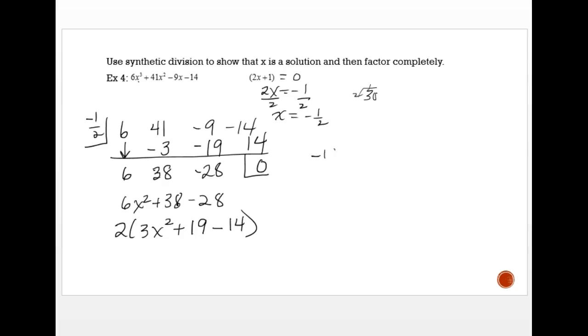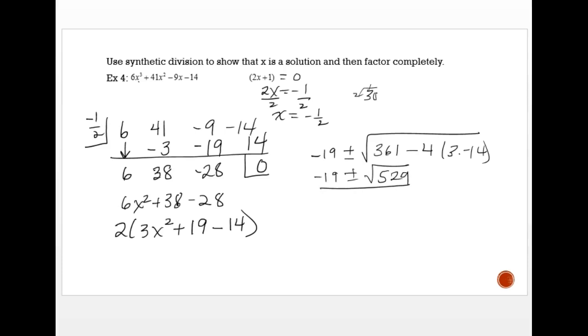I'm going to do negative 19 plus or minus the square root of 19 squared, 361 minus 4 times 3, square root of 529 divided by 2a. Thankfully, square root of 529 is a nice 23.